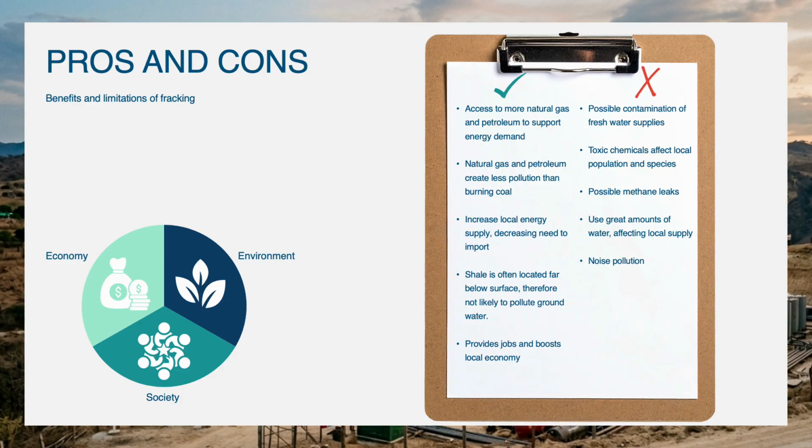Fracking sites can create noise from drilling, the pumps, the machinery, and the trucks, and increased traffic can also create dust, air pollution, road damage, and disturbances to the local communities.